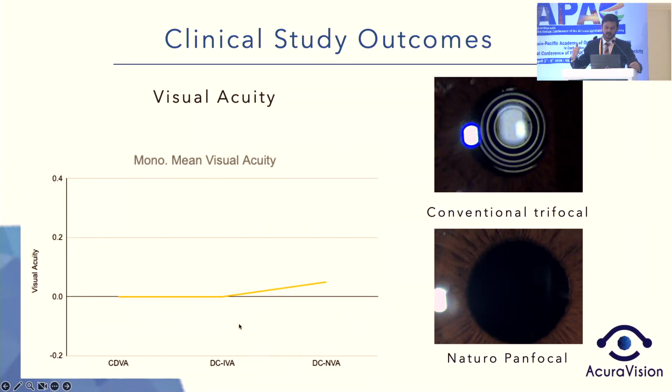Now looking at monocular mean visual acuity, because that is something that tells you the performance of the lens as such. The corrected distance visual acuity mean for distance was 0, for intermediate was 0, and for near it was close to 0.1, which is better than N6.